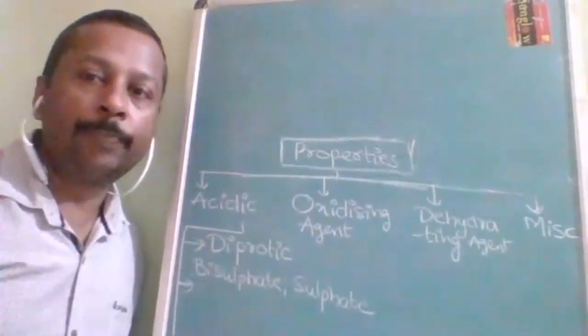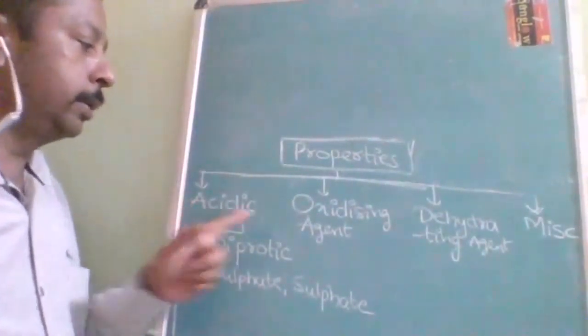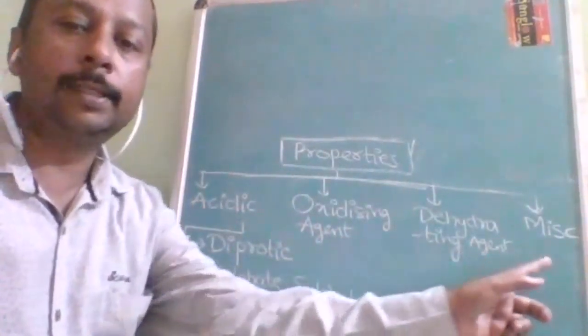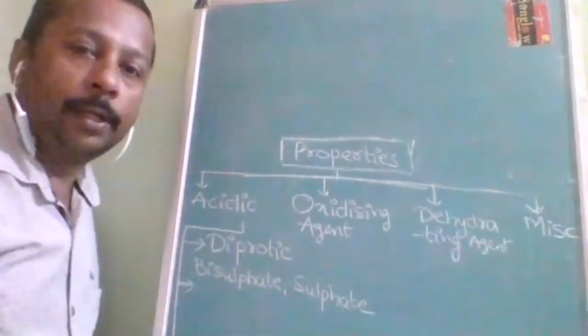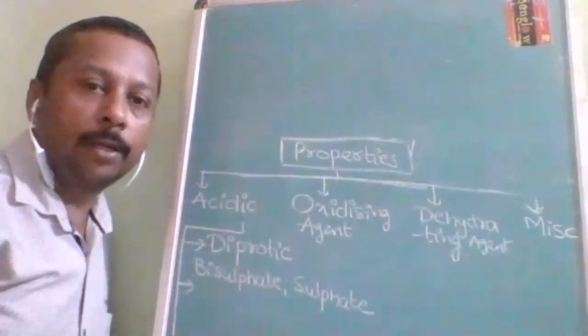What are those 4 parts? Acidic properties, oxidizing properties, dehydrating properties, and some miscellaneous properties. So the total properties of sulfuric acid we are going to study under 4 headings.